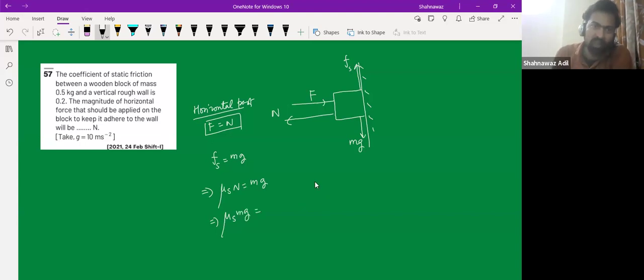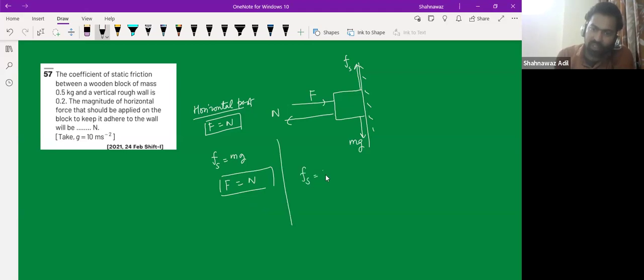So F is N, and N we have to calculate. We know that Fs is mg, so mu s N equals mg.